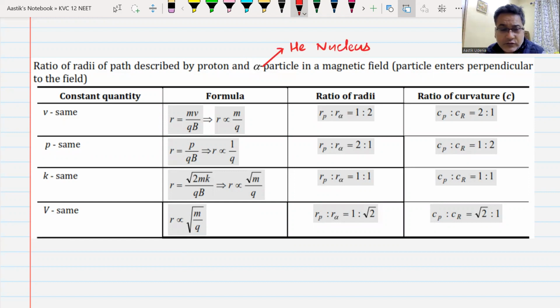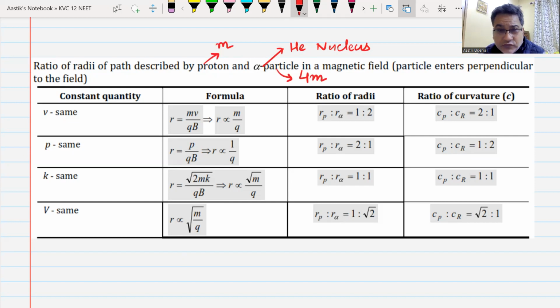So basically what they do is take out the electrons from the helium atom. If the electrons are taken out from the helium atom, it becomes a helium nucleus. Now remember, if the mass of the proton is m, the mass of the alpha particle is 4 times m.